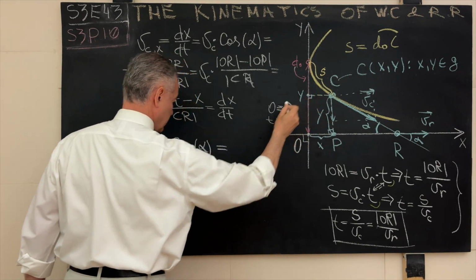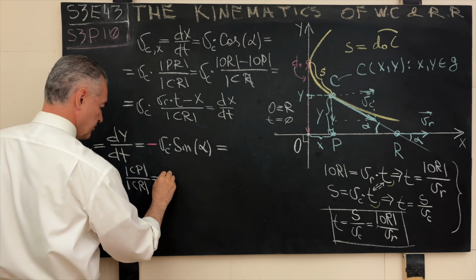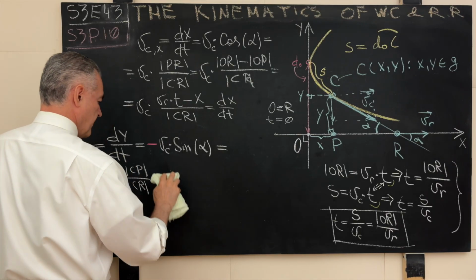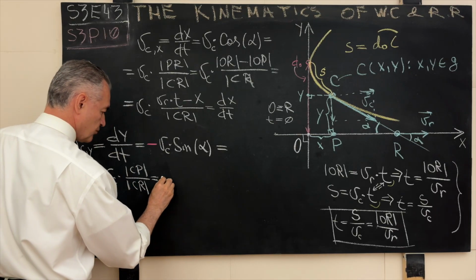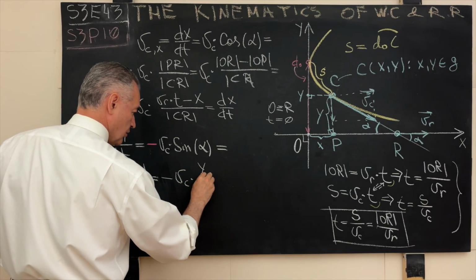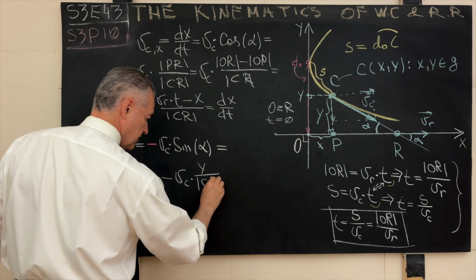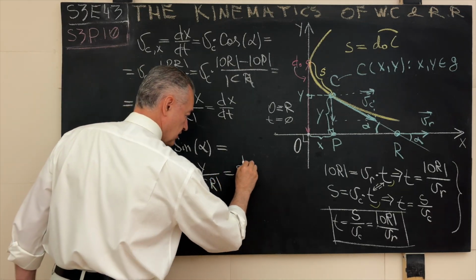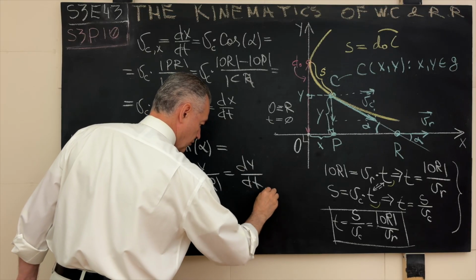Well, this is the y-coordinate of the point C. So this will be the magnitude of the velocity of the chaser with a minus sign, velocity times y divided by CR. You see? So now this is dy over dt.